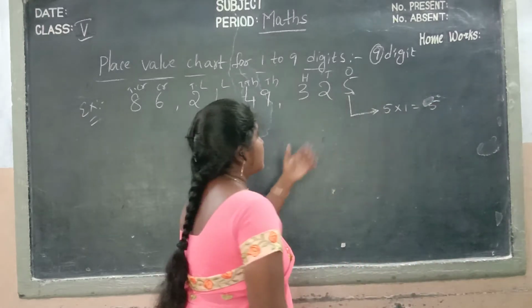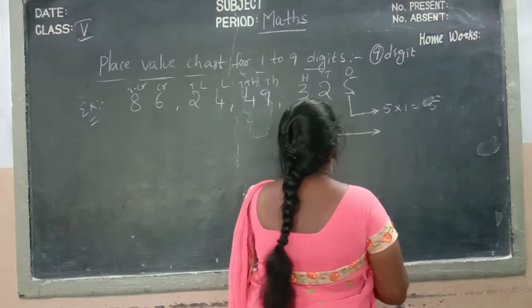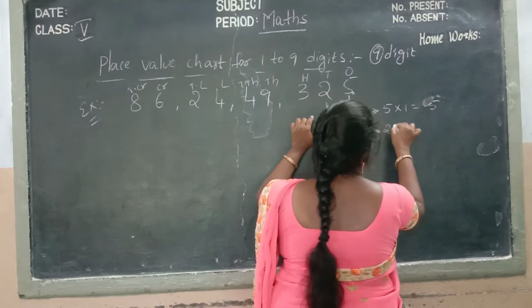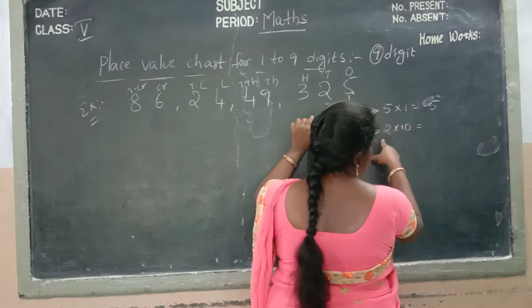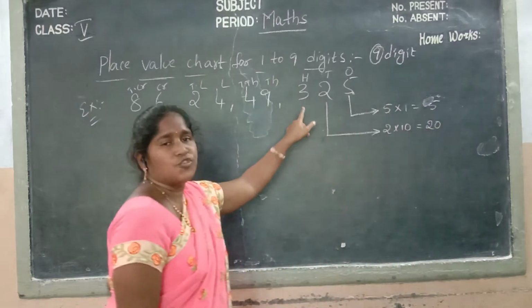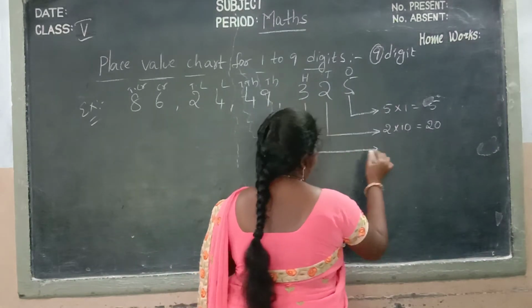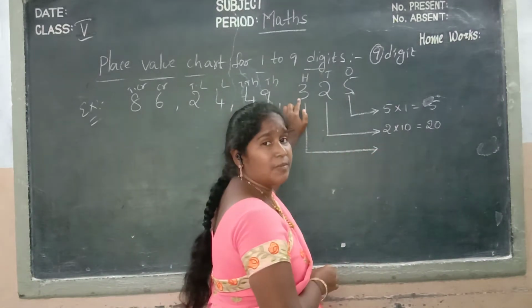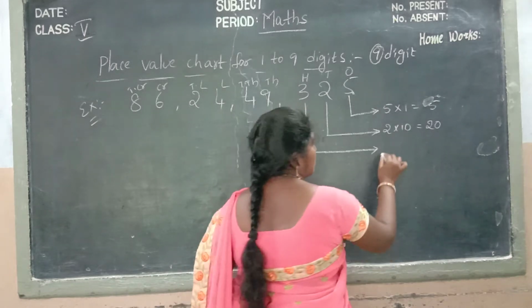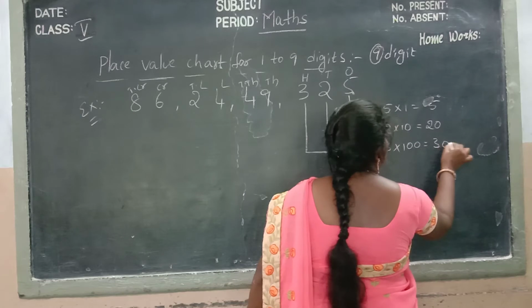Okay children, next goes to the tens place. Tens place means 2 into 10. 2 into 10 means what, children? 20. Okay, next goes to the hundreds place. Why am I writing 3 into 100? Because 3 is in the hundreds place. That is 3 into 100, equal to 300.